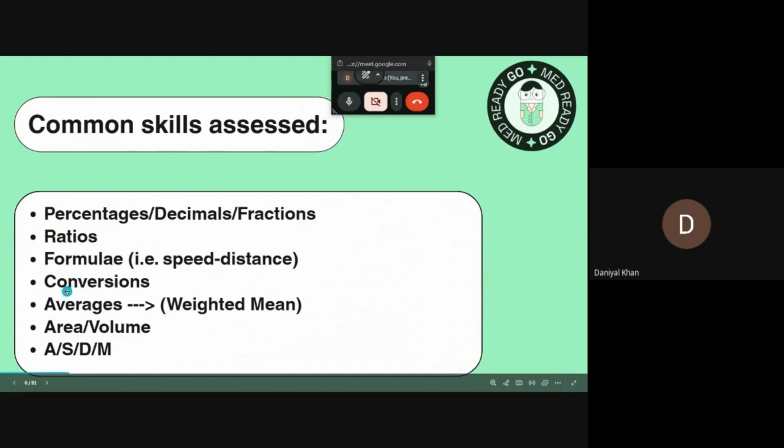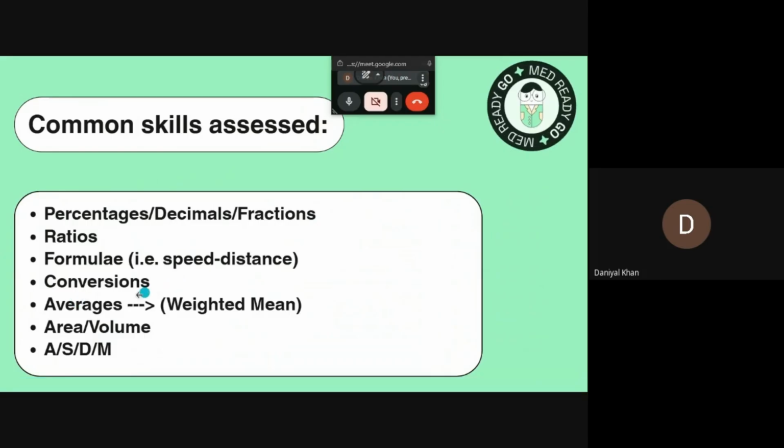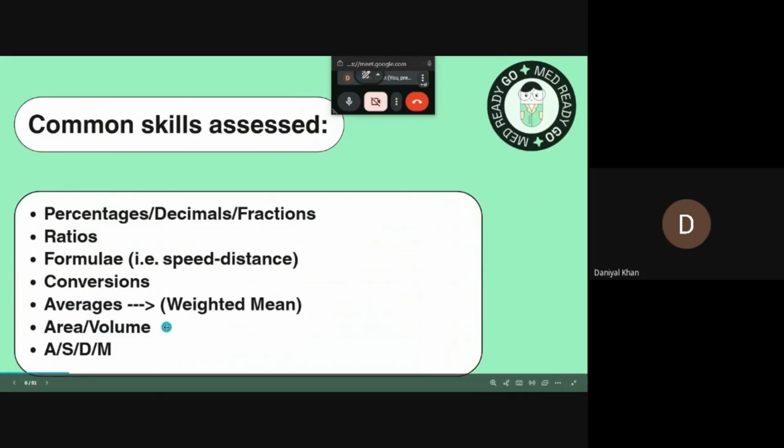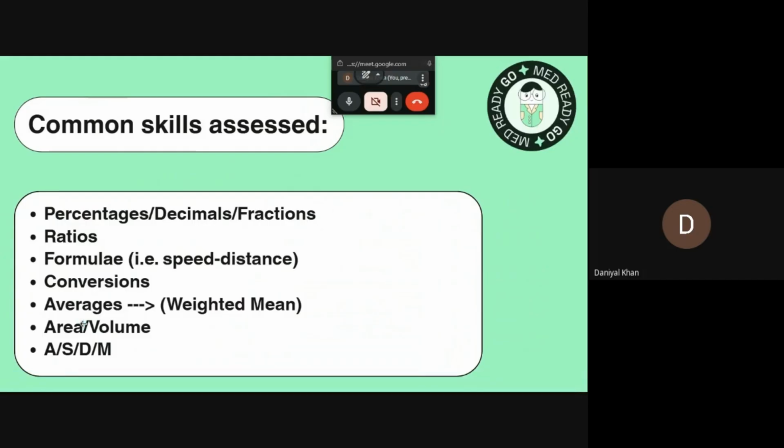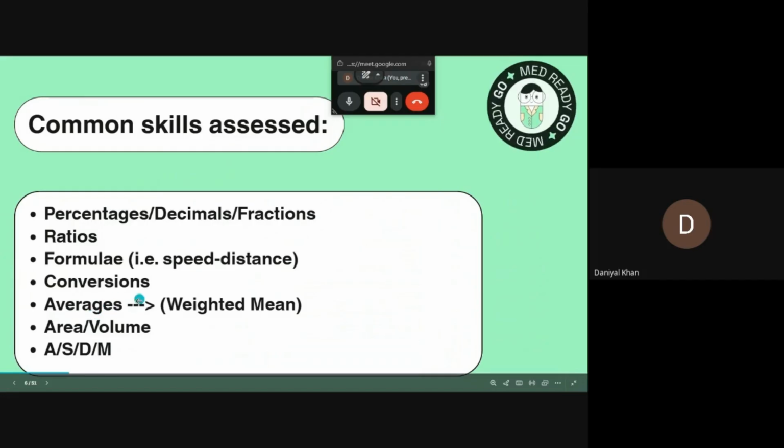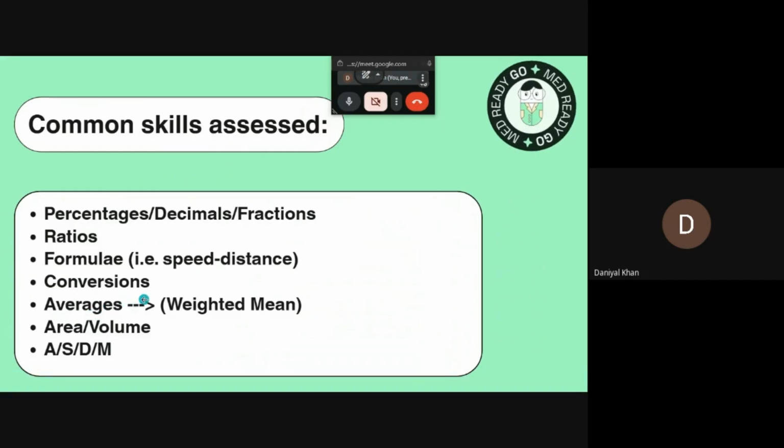Then you also have conversions, so converting between different currencies or different units of measure. Then you have the averages as well. So you have your mode, your mean, your median, and your range. Those are the 4 averages tested and that you've probably already done in the past.